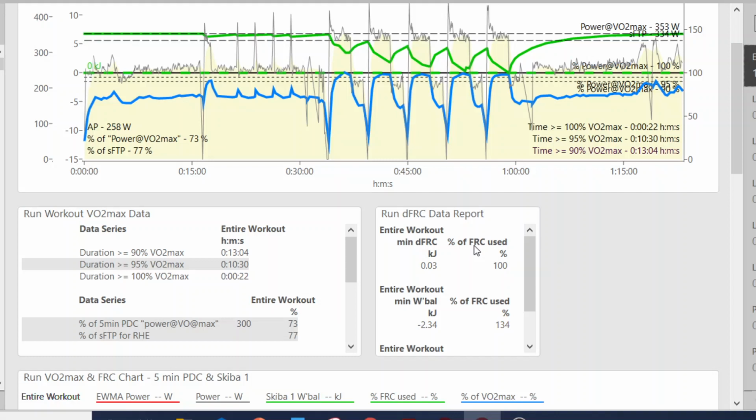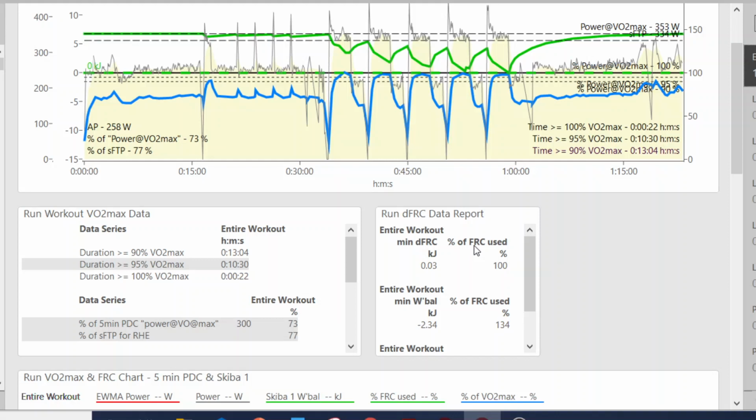The amount of work that an athlete can do in excess of FTP in a single bout of exercise. So if your FTP is 300 and you're running an interval at 310 watts, you are using that reserve work capacity because it's over 300 watts.